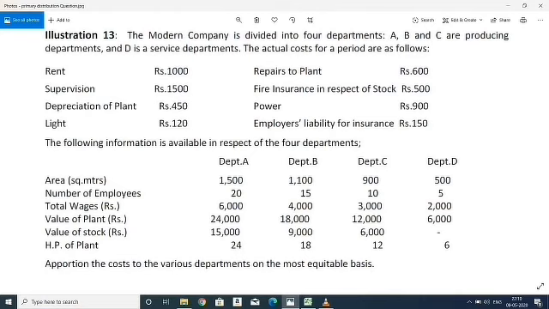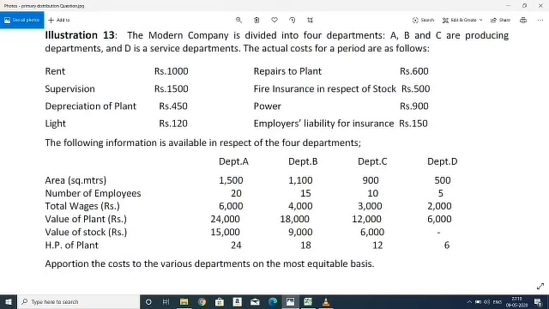Then value of stock, department A 15,000, department B 9,000, department C 6,000 and for department D no value of stock. It's a service department. HP of plant, department A 24, department B 18, department C 12 and then department D 6.